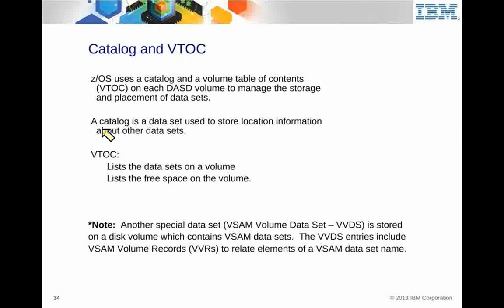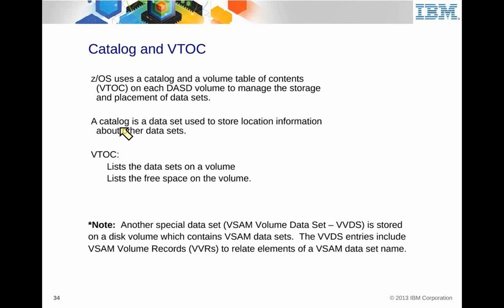There's another thing called a catalog. The catalog contains a data set name and it contains the volume that it's on. So if you create a new data set name and it places it on a disk volume or a tape volume, the catalog knows the volume name. From that point forward, when you ask for that data set name, you do not have to give it the volume name, because there's thousands and thousands of volumes, both tape and disk.